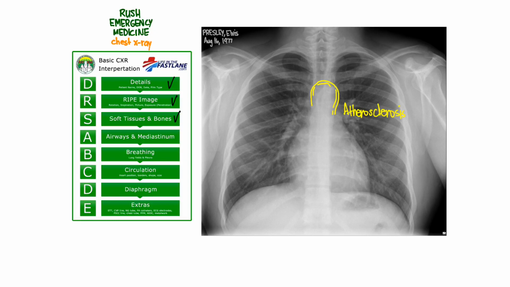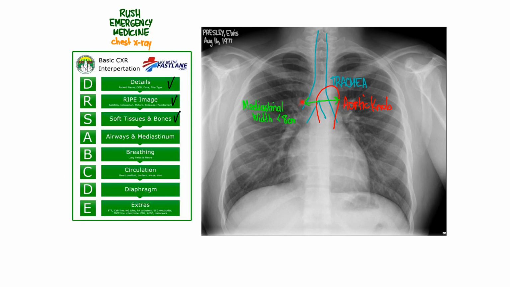Now let's look at A, airway and mediastinum. The trachea is usually going to be in the midline, or it might be slightly to the right as the aorta pushes it off to the right a little bit. You can look at the aortic knob. It should have a shape somewhat like this. When you have a thoracic aortic dissection, this might be widened.